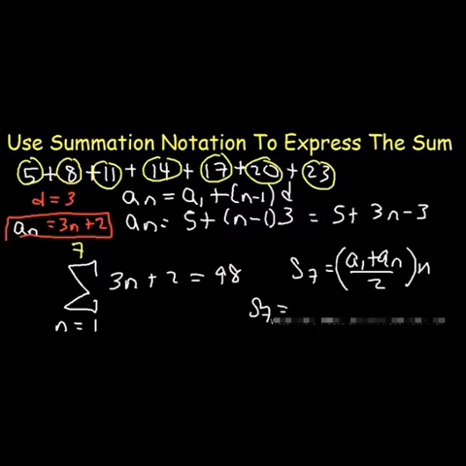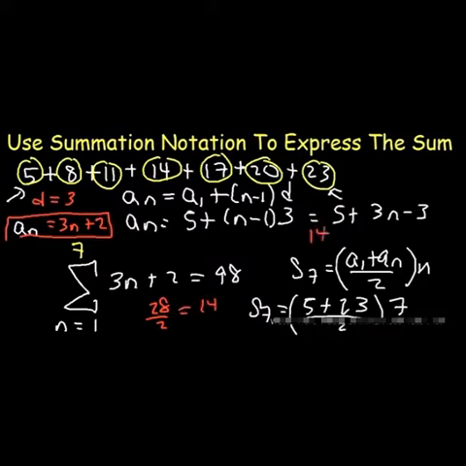So S of 7 is the first term, which is 5, plus the last term, or the 7th term, that's 23, divided by 2, times the number of terms. So 23 plus 5 is 28, and 28 divided by 2 is 14, and 14 times 7 is indeed 98.